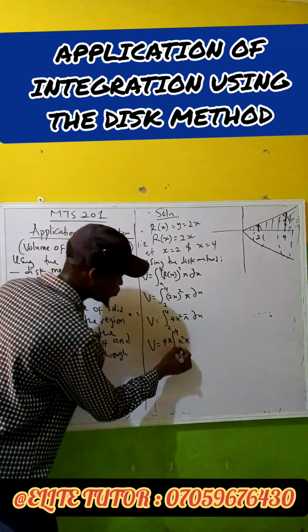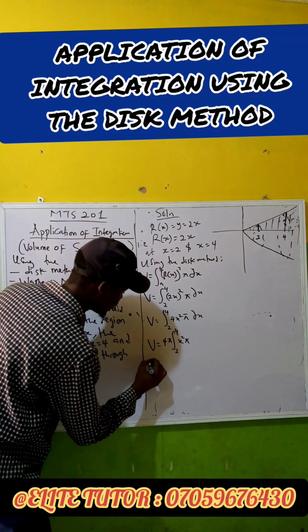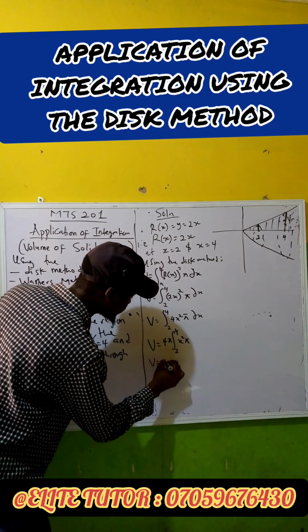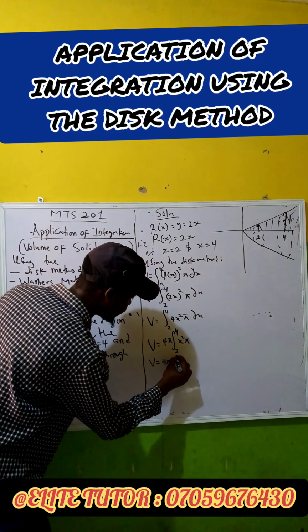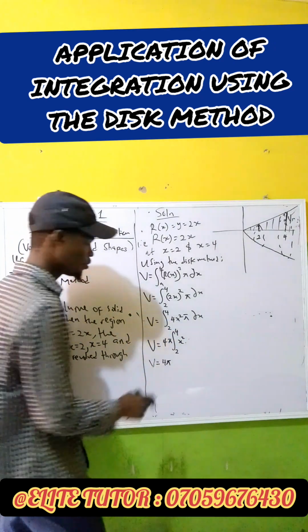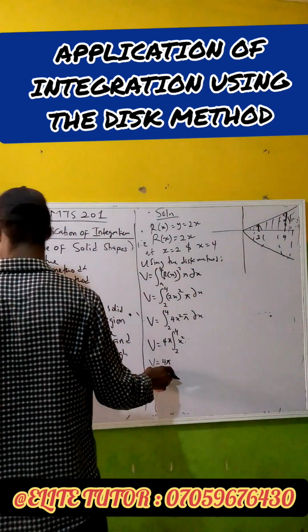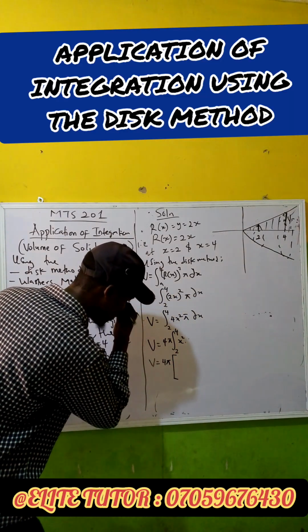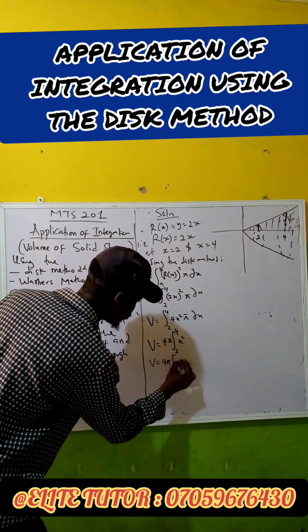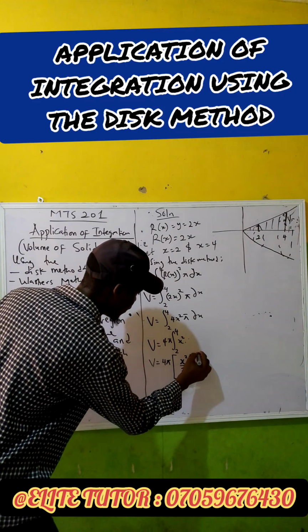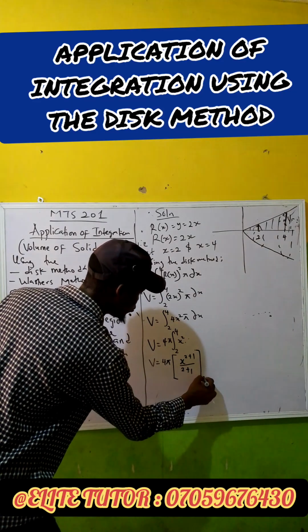And we are now going to integrate this definite integral. V equals 4 pi, and the pi is not going to be here anymore. By the time we integrate this, we are going to have x squared becoming x to the power 2 plus 1 over 2 plus 1, with limits 2 and 4.